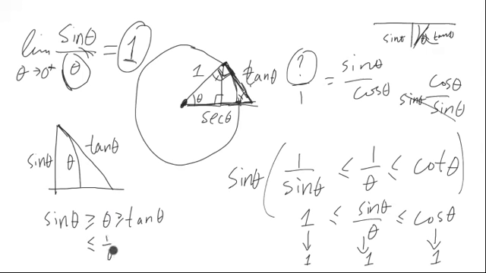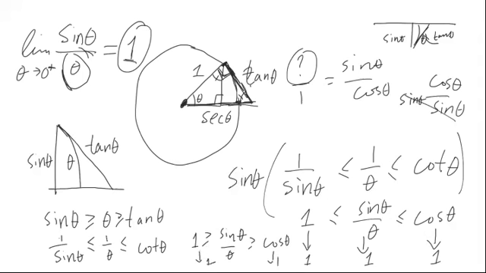So we have 1 over theta, and we have 1 over sine, and we have cotangent. Then we multiply by sine. Sine will be negative, which will actually reverse the inequality again. So we'll end up getting 1 less than or equal to sine theta over theta and cosine theta, but this is fine because we still have 1 and 1.